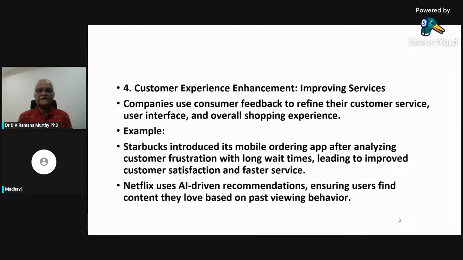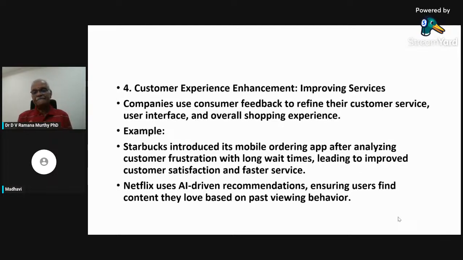And the fourth one is engaging customers and trying to improve customer experience enhancement, what we call it. That is improving the services. How do you know whether customers are satisfied or not with that product or service?